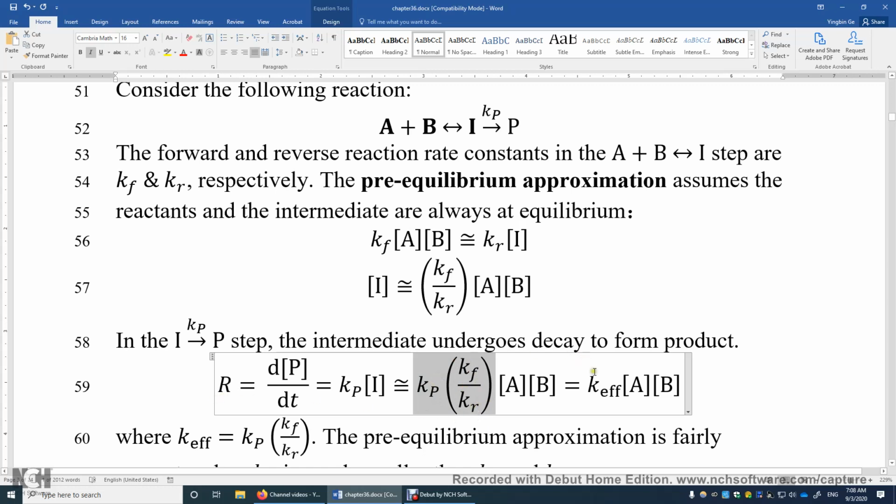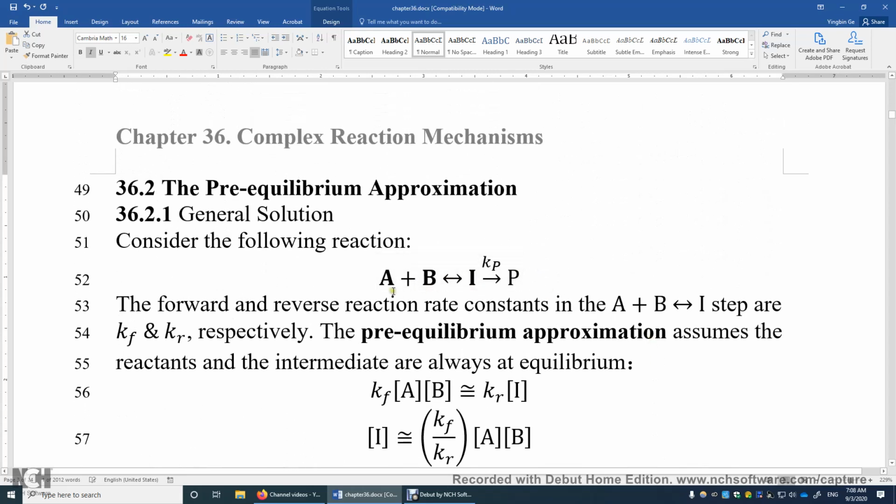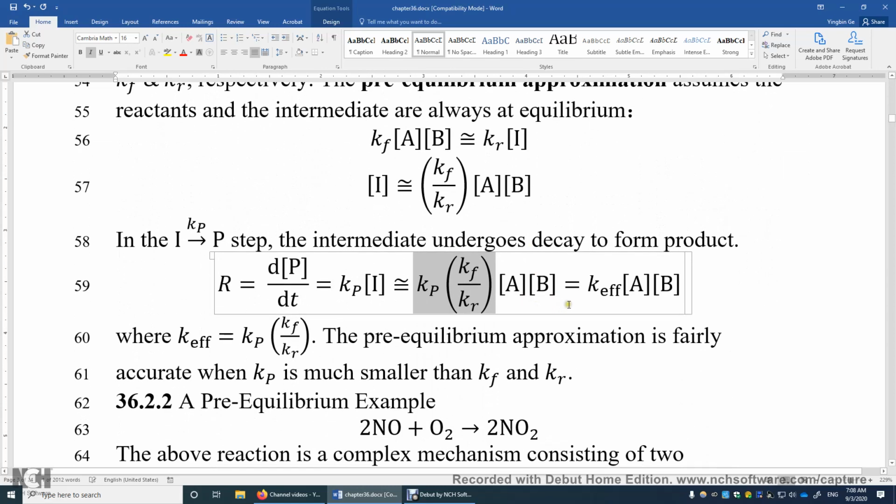The reaction rate is K effective times A times B, so it's going to be a second order reaction with this K effective reaction rate constant. And this K effective is Kp times Kf over Kr.